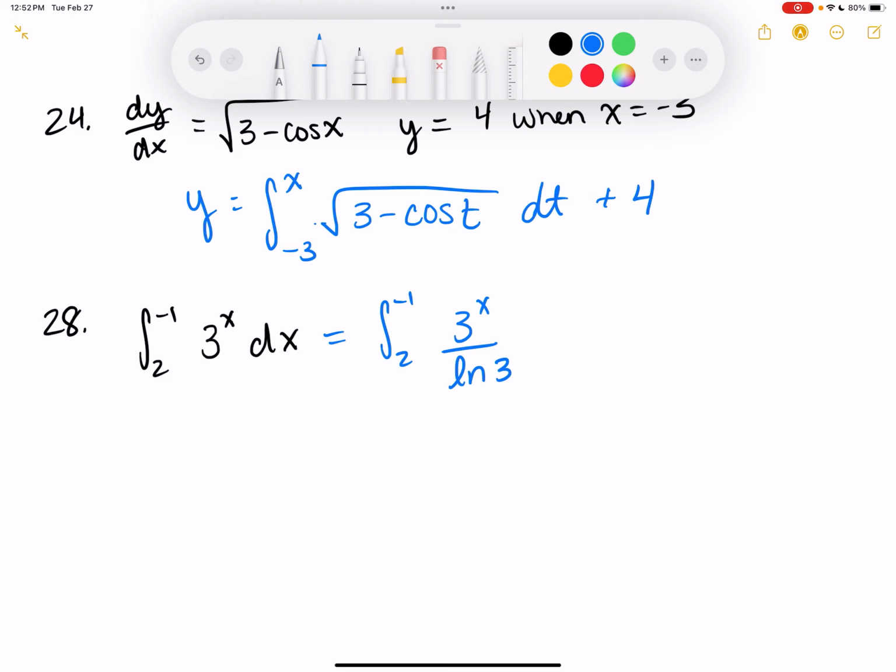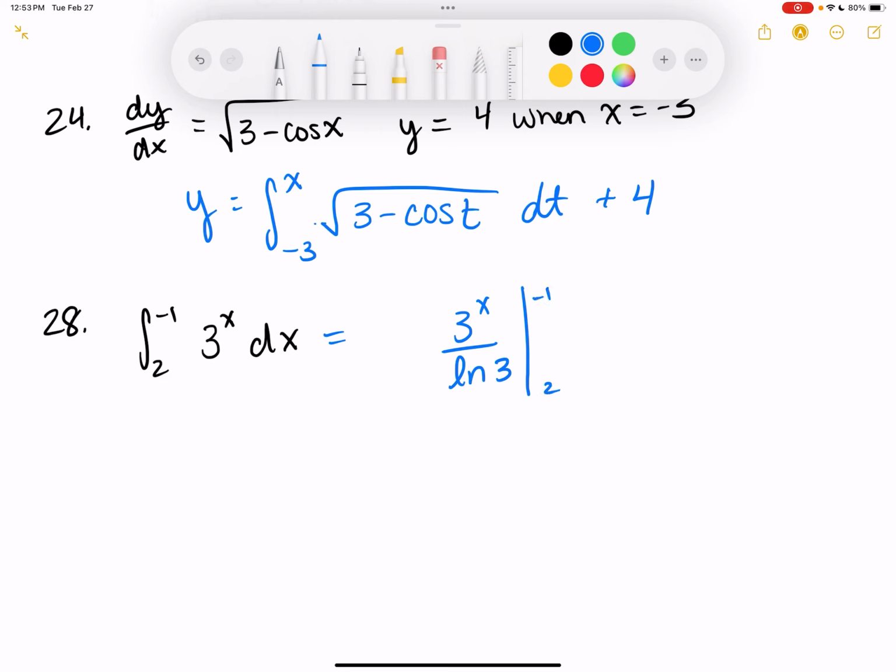You shouldn't have the integral here. It would be like that. I'll show y'all what that table is later. Okay, so then we would be evaluating this from 2 to negative 1.